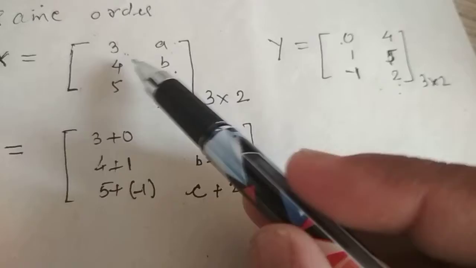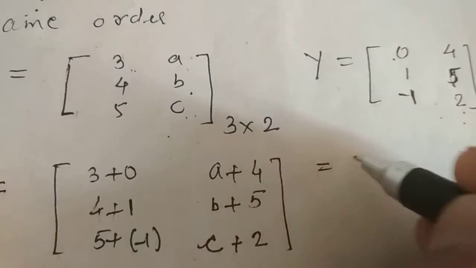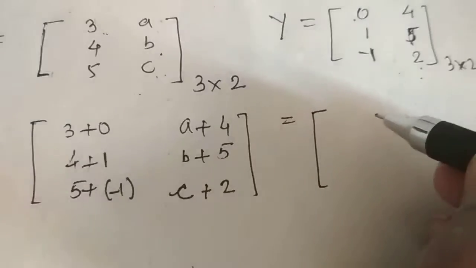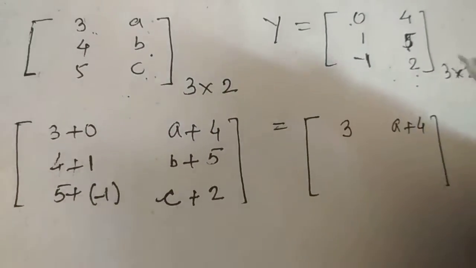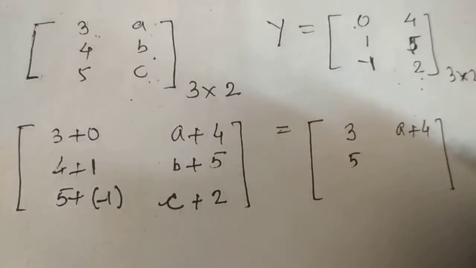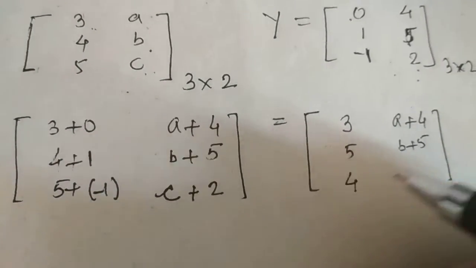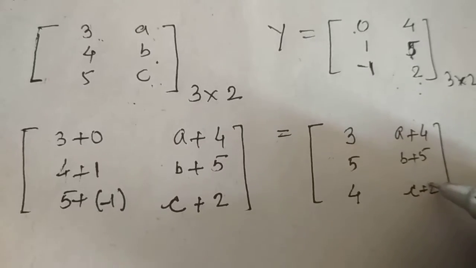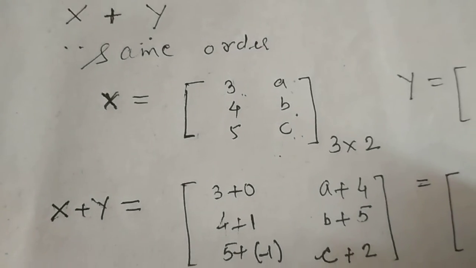So like this you can see the addition of two matrices. Whatever the answer is, you write it in simplified form: 3, A plus 4, then 5, B plus 5, then 4, C plus 2. This is the resultant matrix. It is the addition of two matrices.